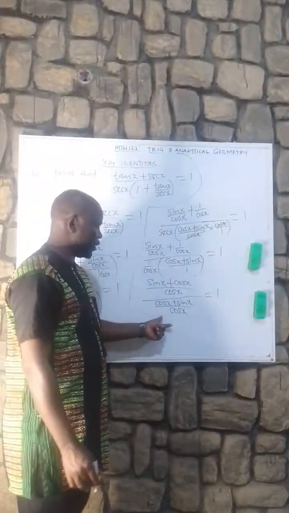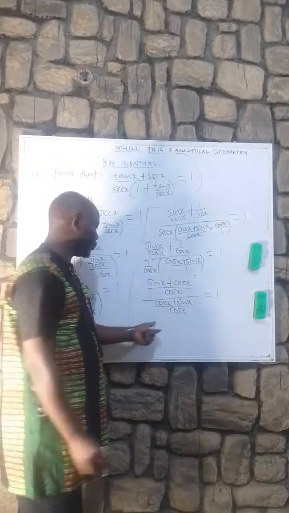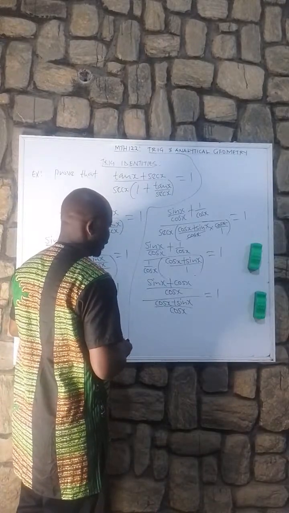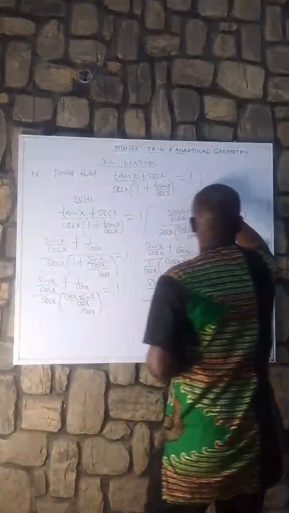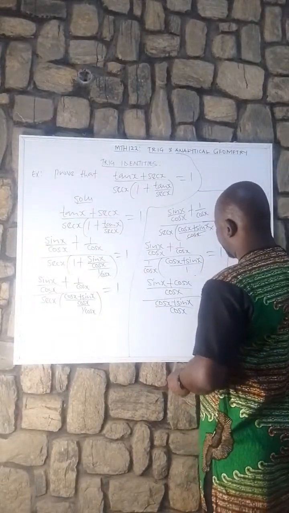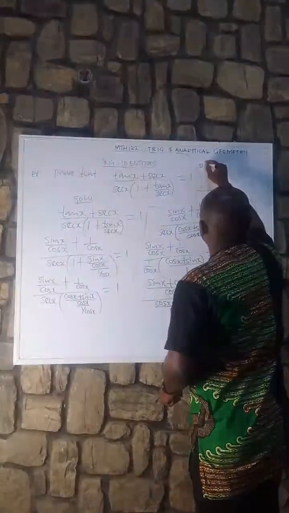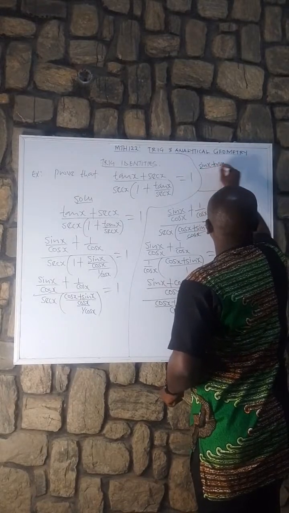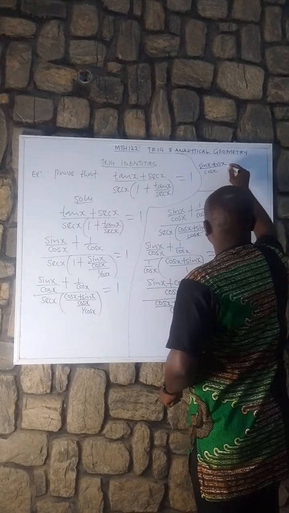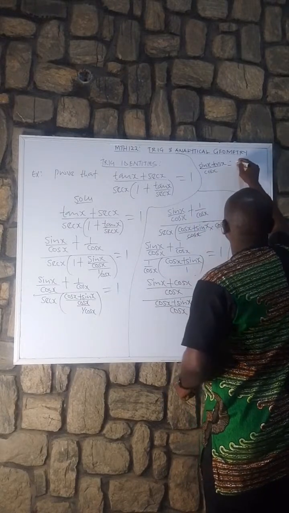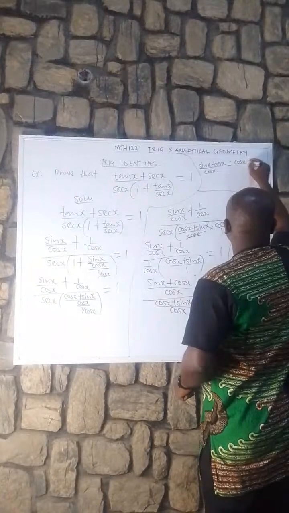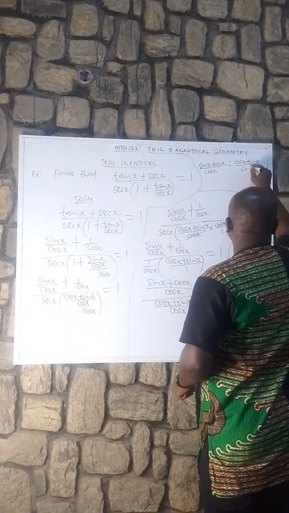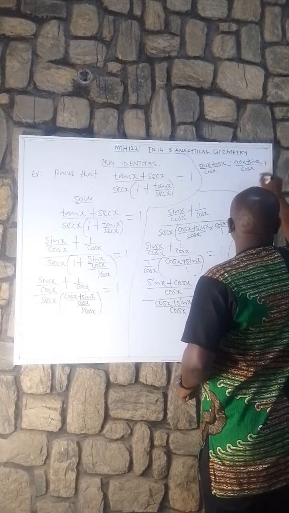So you don't need the prophet to tell you. Look at it. It means this is the same thing as sine x plus cos x all over cos x divided by cos x plus sine x all over cos x equals to 1.